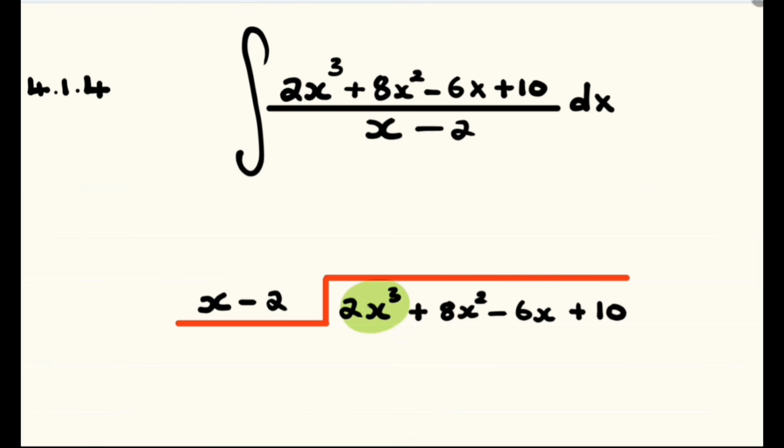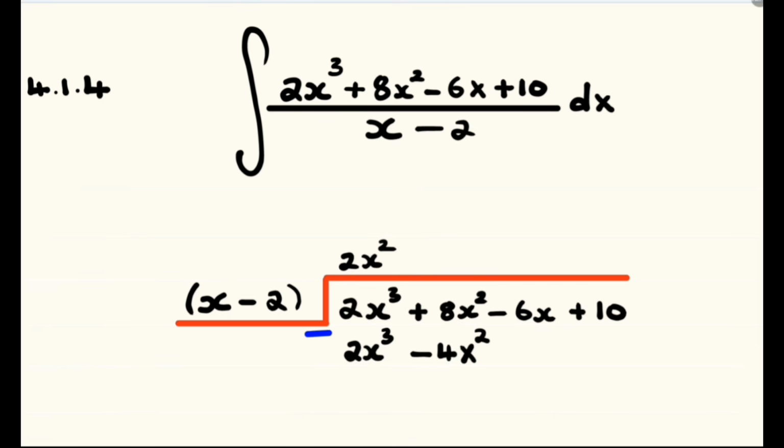And the first step is for us to divide the 2x cubed with the x, and 2x cubed divided by x is equal to 2x squared. And we take this 2x squared and we multiply it with the x minus 2. So 2x squared multiplied by x will be equal to 2x cubed, and 2x squared multiplied by negative 2 will be negative 4x squared.